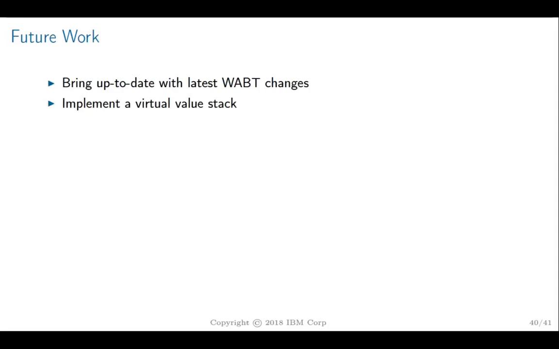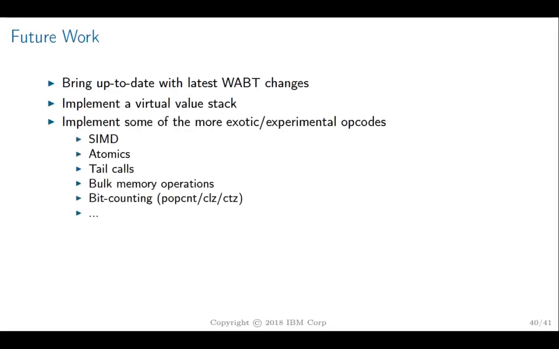There's also quite a few exotic and experimental opcodes that we're missing implementation for. So if any function uses these, we can't compile it. It has to run in the interpreter. Right now, we only support x86, even though in theory we could support things like Power and Z. This is due to JitBuilder limitations right now that need to be resolved.